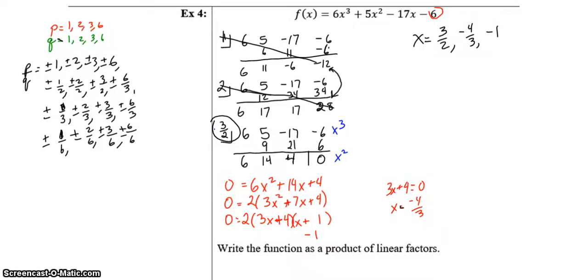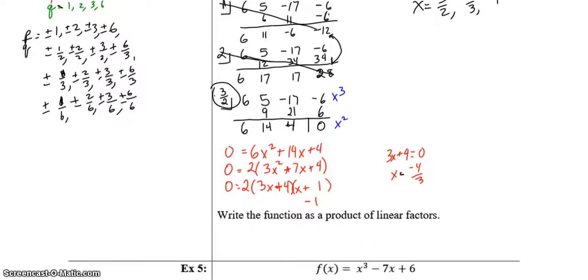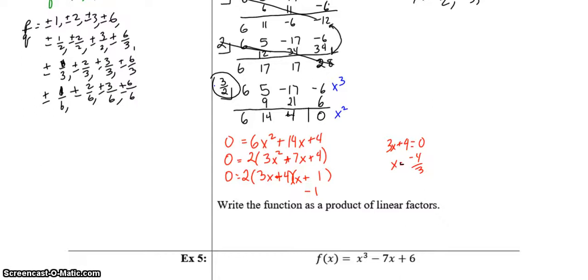Okay. So now what about this last part, the second part here? Write the function as a product of linear factors. Really, that's what we want to try to do with these. We want to get a linear factor, meaning we've got x to the first power. So that's x minus the 0, like we did for the factor theorem.